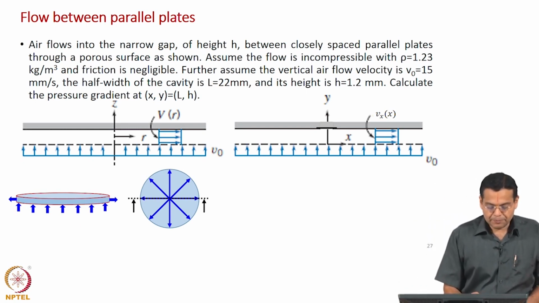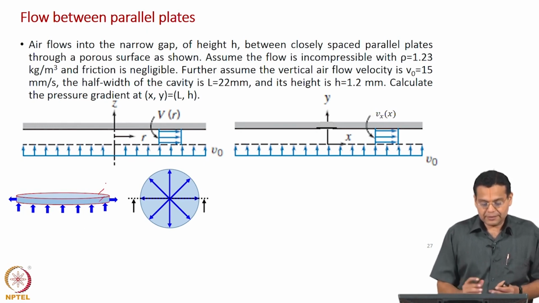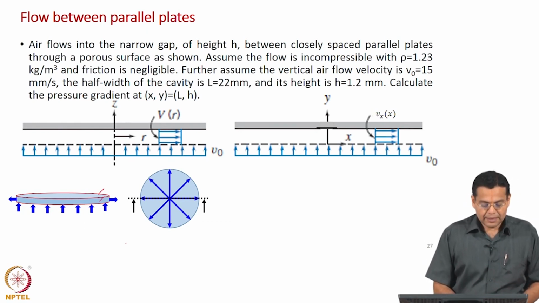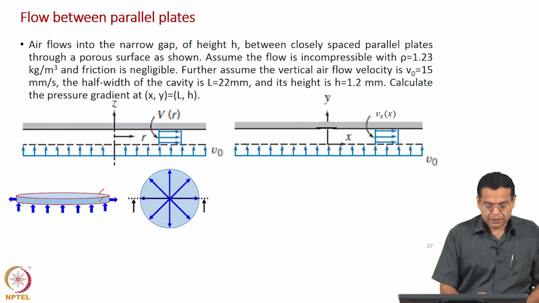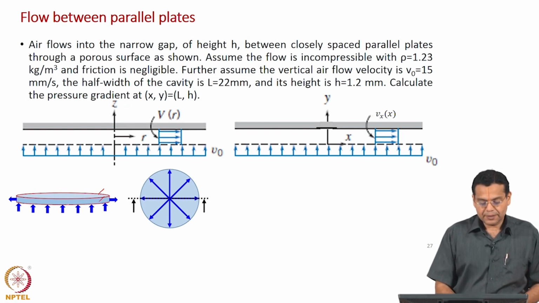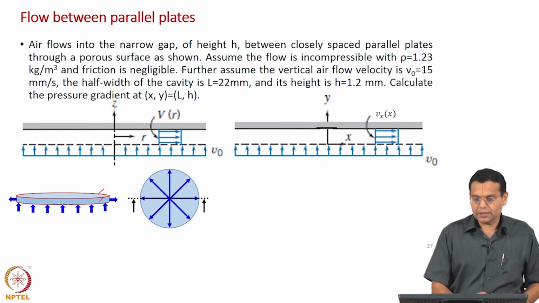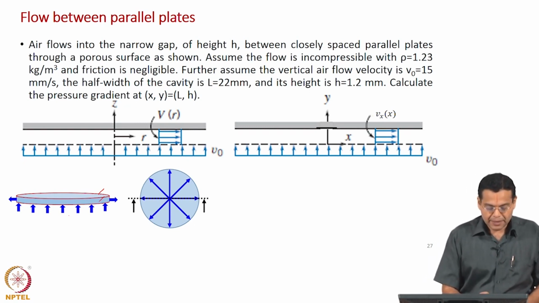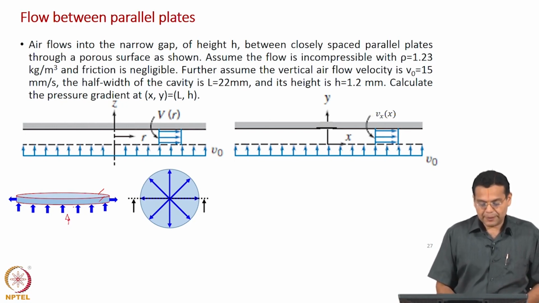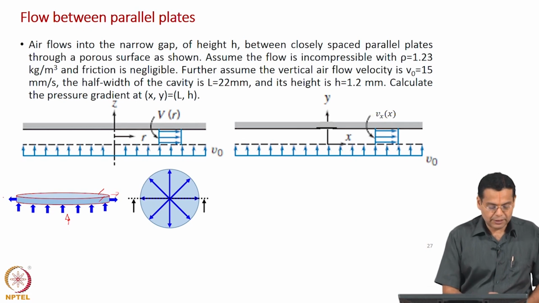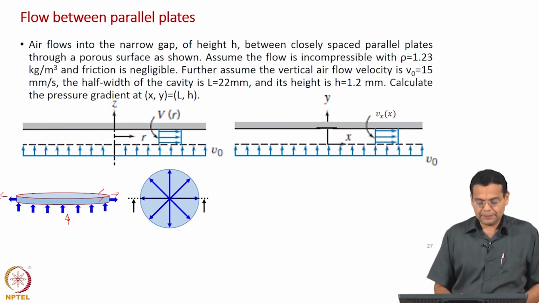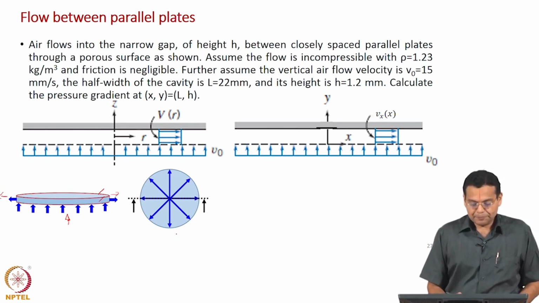We have two plates, actually circular, and the bottom plate is porous, okay. Of course, the top plate is a solid plate, and air enters through the bottom porous plate and flows out through the sides. If you look at the top view, this is how it looks.